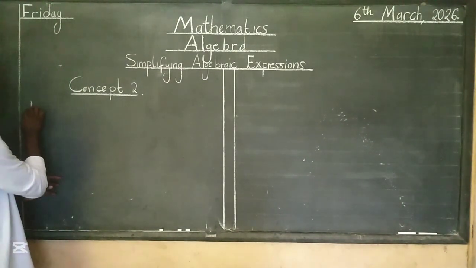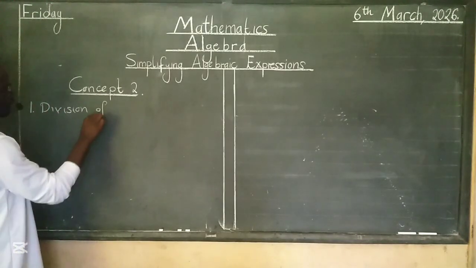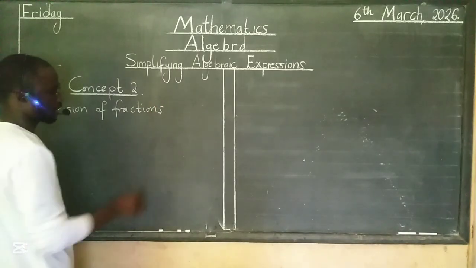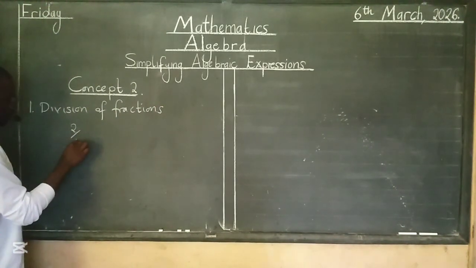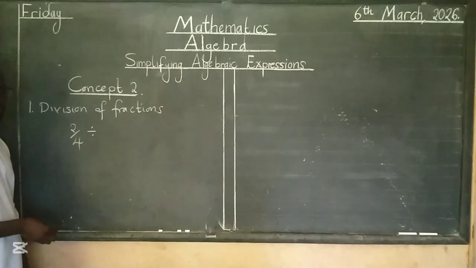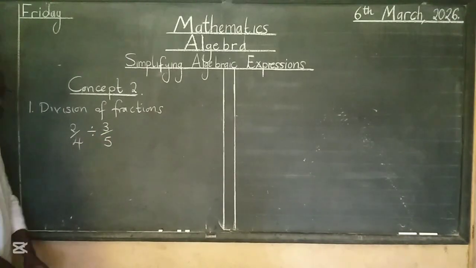So 1, division of fractions. Let's say you have 2 over 4 divided by, let's say, 3 over 5. How do you solve that?